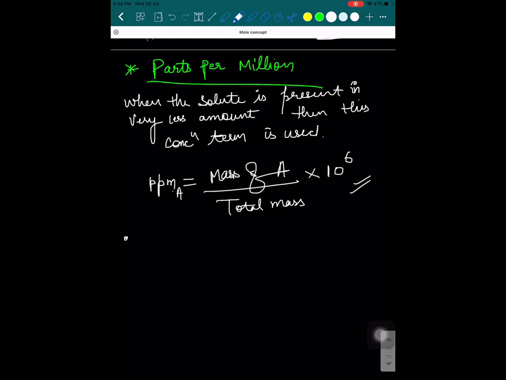So what does the definition become? Number of parts of solute, or you can say mass of the solute also, not the moles, mass.